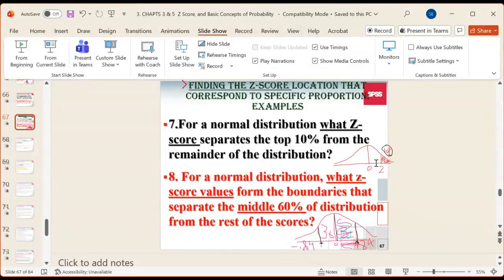So, to make a long story short, we need to look for a tail of 0.10. That's when you divide 10% by 100, which is 0.10. So we're saying basically if the tail is 0.10, cross over and tell us what the z value is.